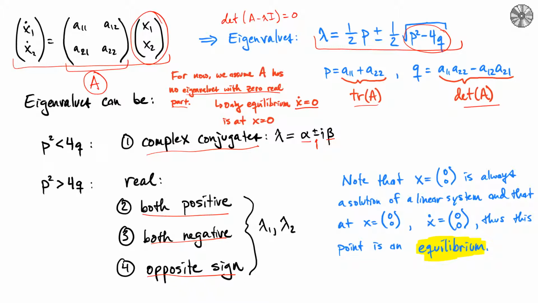So equilibrium is defined by x dot being equal to 0, and if there are no eigenvalues with 0 real part, then that means that there are no values other than x equal to 0 that make x dot equal to 0. And so that's going to be critical, and that's going to be our equilibrium, and the shape of the dynamics is going to be plotted with respect to the states x1 and x2 as you move away from that equilibrium.